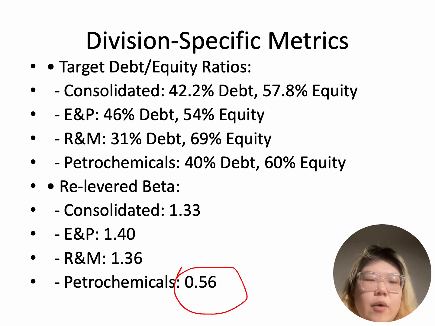Actually, we talked about another way to find the beta, like the way the EP and RM betas were found in the case.